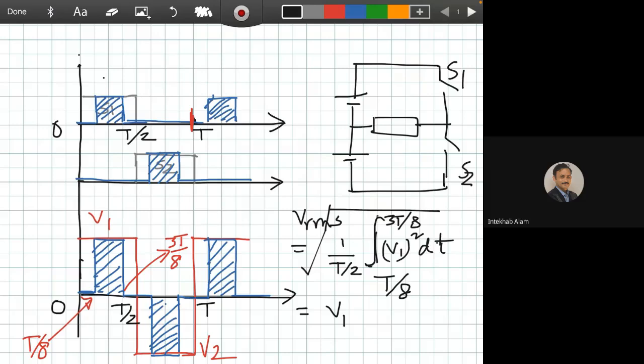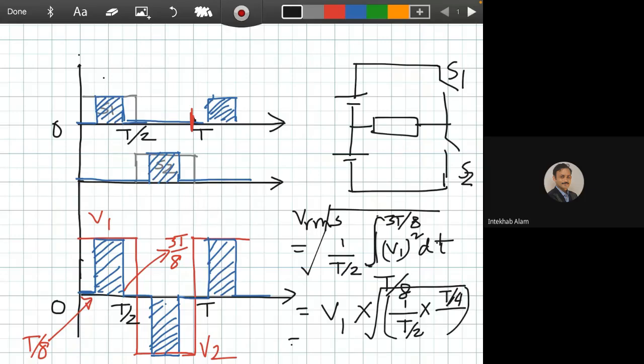So the new output will become V1 multiplied by t by 2... multiplication by t by 4, root over.